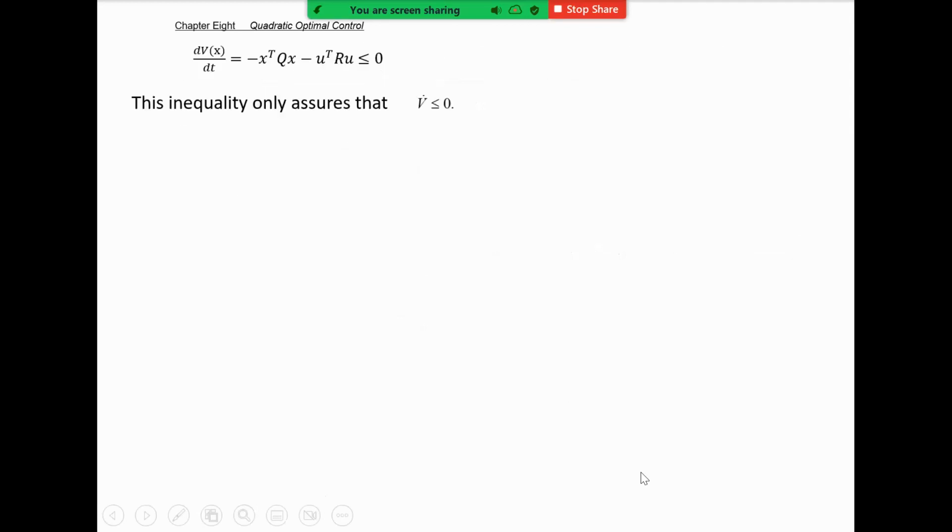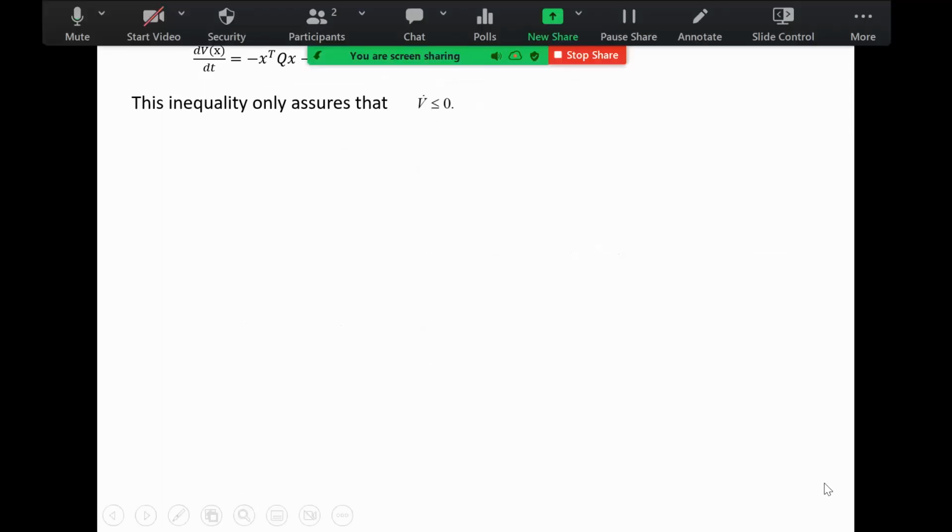But this inequality only assures that the change rate is less than or equal to 0. Is that enough to guarantee asymptotic stability? It is not enough.